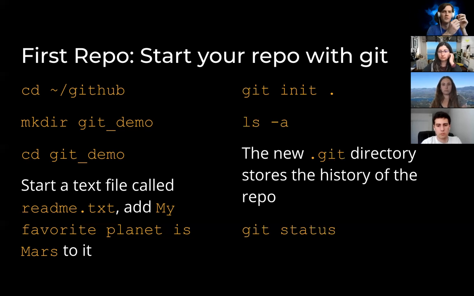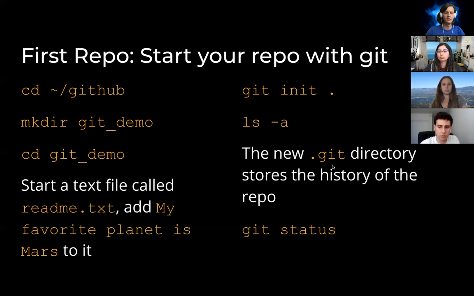Okay, so then do git init space period. This is a command that tells Git to initialize the current directory as a repository. Once you run this command, it should say something, and then if you do ls space -a, A stands for all, so it'll show hidden files and directories as well, then you should see a new .git directory.